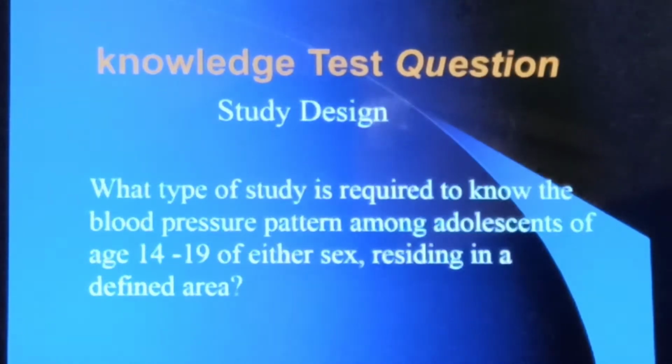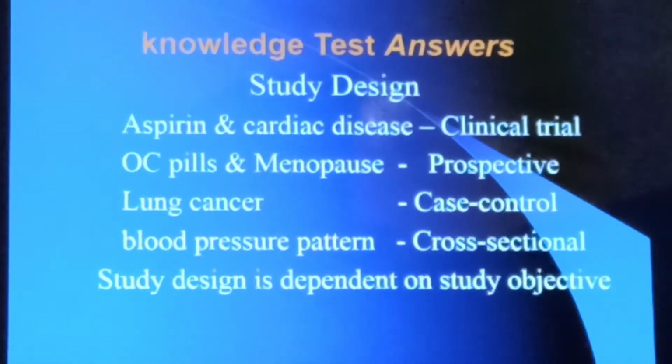Next question: what type of study is required to know the blood pressure pattern among adolescents of age 14 to 19 of either sex residing in a defined area? If you want to assess the pattern of blood pressure, how much is in 14, how much is in 15, 16, 17 and so on.